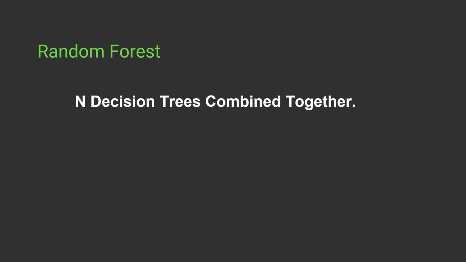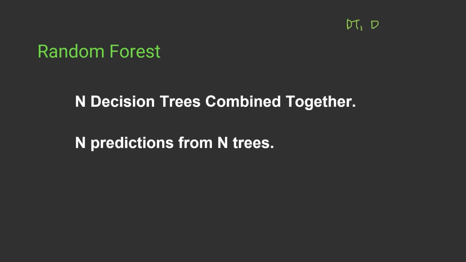So what is random forest? It is an ensemble of decision trees. That means it combines decision trees multiple times. So n decision trees are combined together: decision tree 1, decision tree 2, decision tree 3. We give all these decision trees the training data, and we give all the testing input to these models and they predict their values.